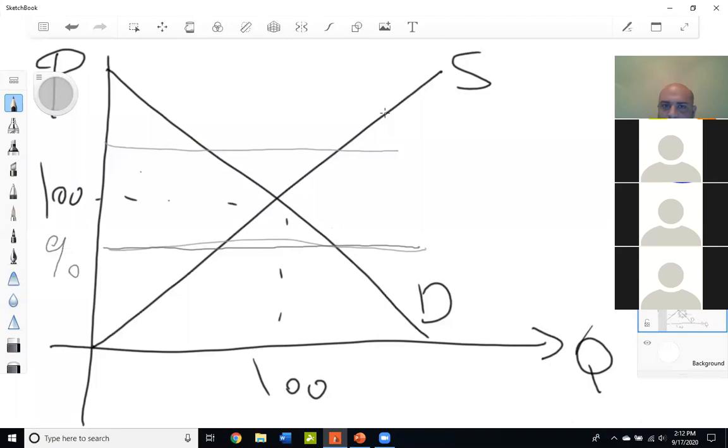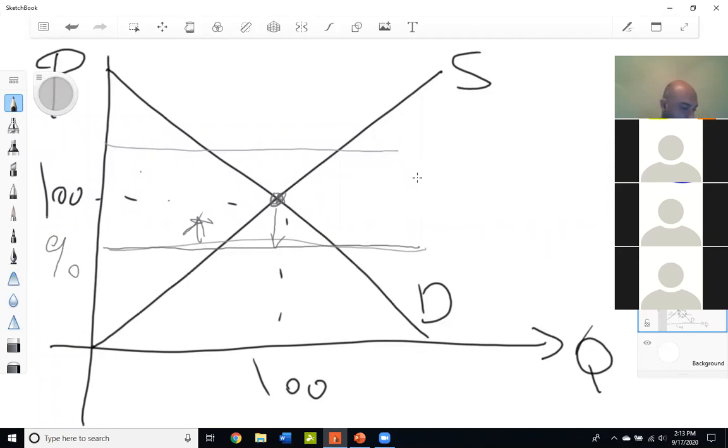Anyone? This is binding, yes. Why? Because we cannot go above. While we were here, now we have to come back down.